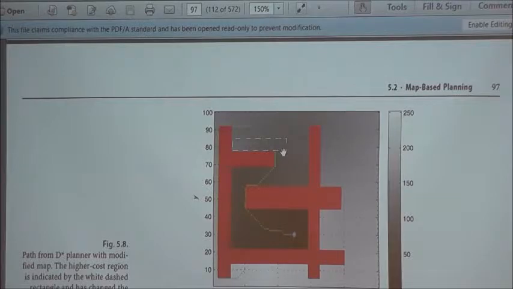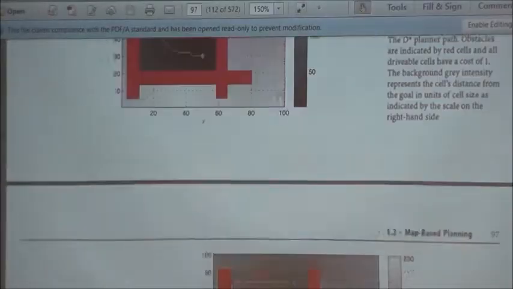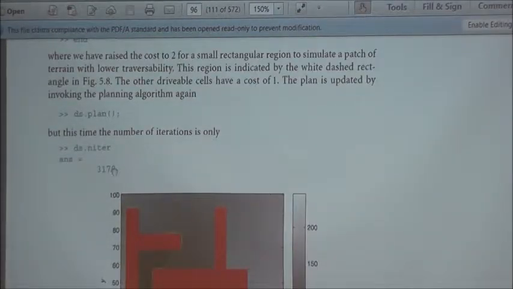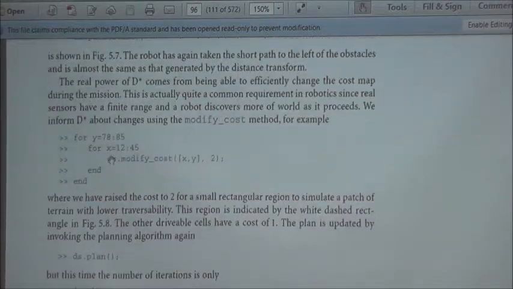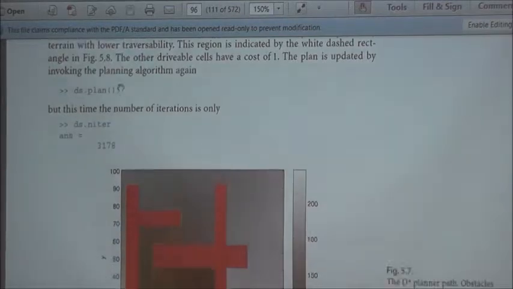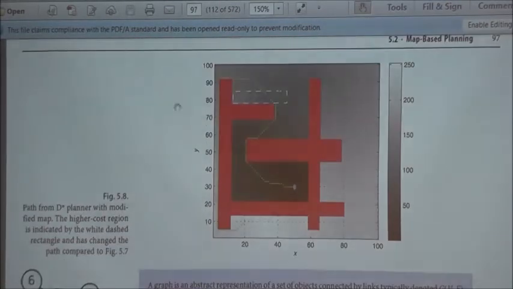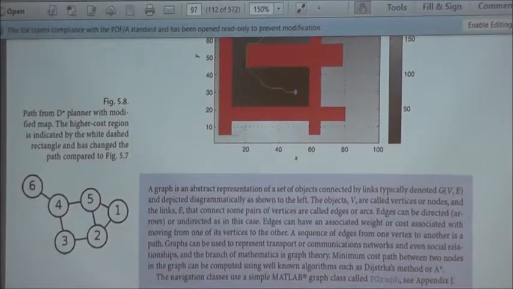Okay. And then this approach gives you a number of iterations in MATLAB of 3,178, which compares to 10,558. It's 30% of that. It's cheaper than that. Okay. So this is how you do it.